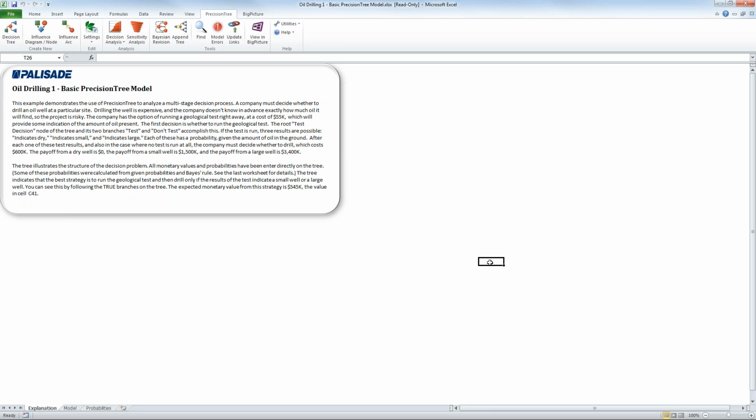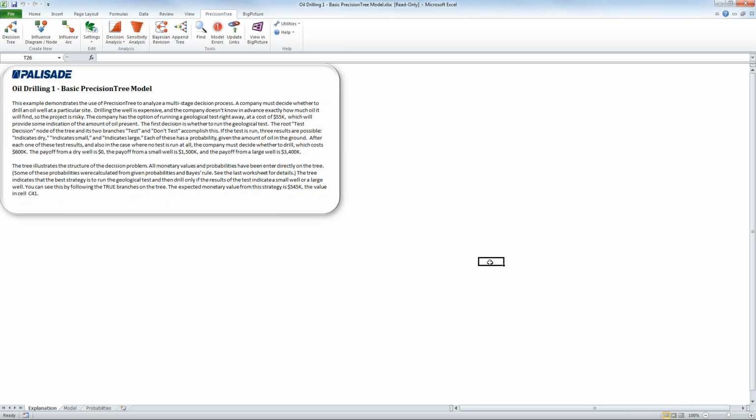Or maybe you're responsible for finding the best series of medical tests and procedures to maximize a patient's chance of recovery. So basically, have you ever been faced with a complex, multi-stage decision? Not a simple one like, do I feel like hitting the snooze button today? A multi-level decision. If so, that's where PrecisionTree comes in for you.